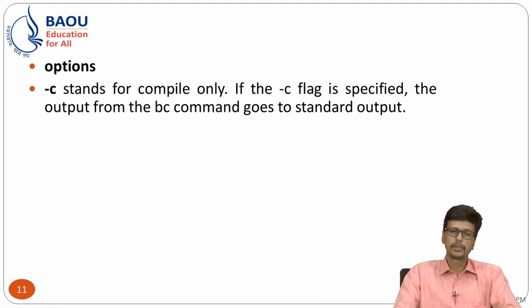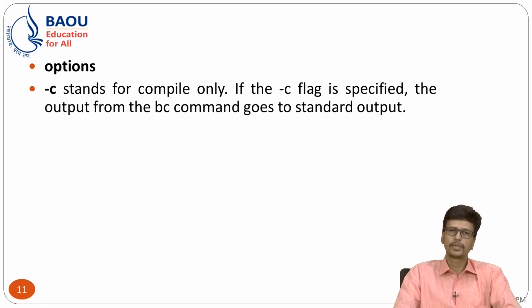Now remember one thing: this bc command may be available in only a few versions. It may be possible that, if you have a different emulator or different versions of Linux or Unix, the command is not available. In that case, you cannot execute these operations using the bc command.